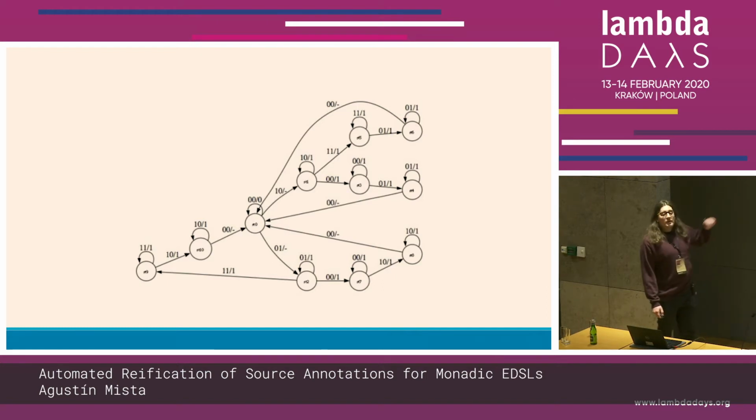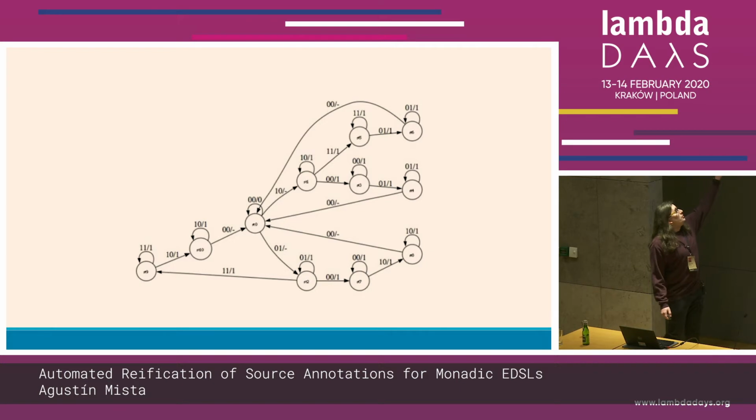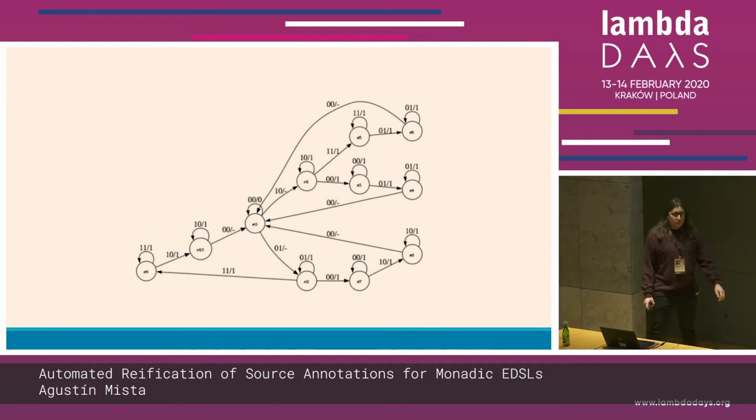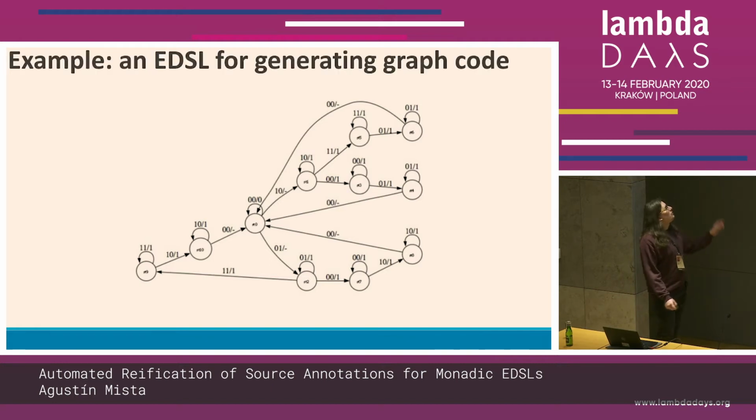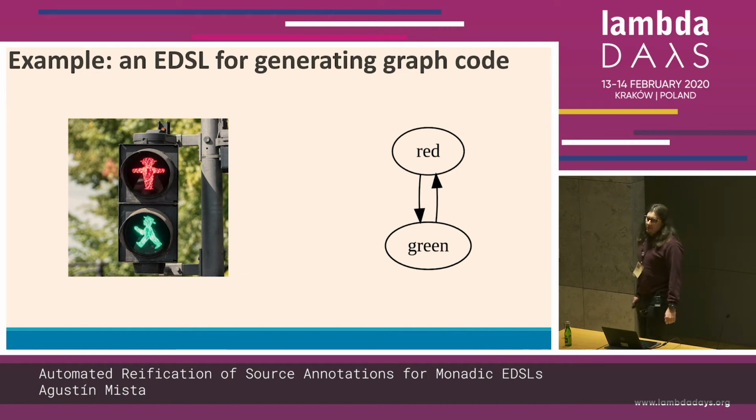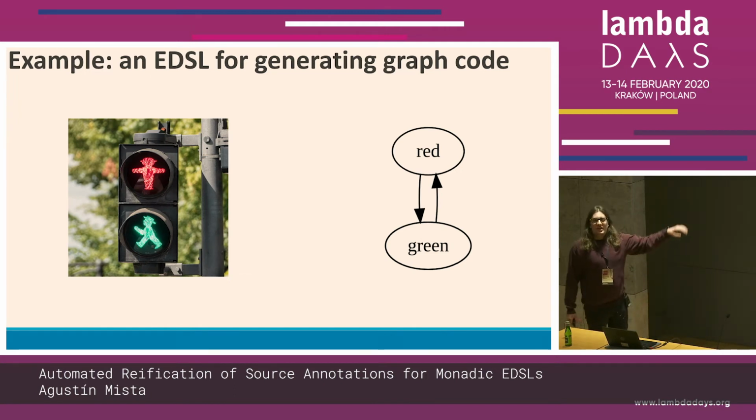So we can define a semaphore by creating two nodes with the node combinator, one green and one red, and then we can combine them with the rightwards arrow. So we have an edge from green to red and an edge from red to green. That's easy, right? And from there we can generate the ugly code that we are not willing to write.